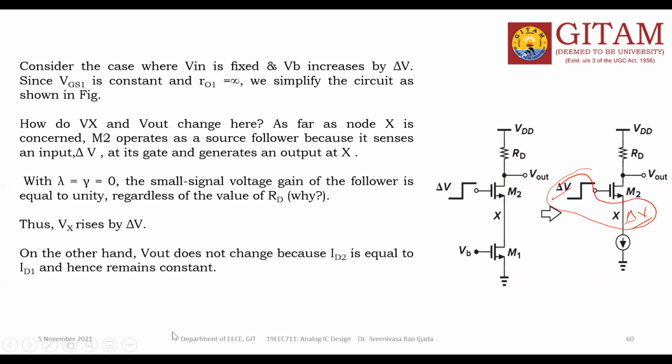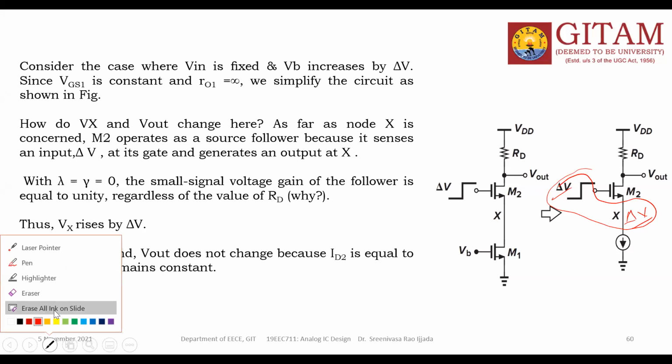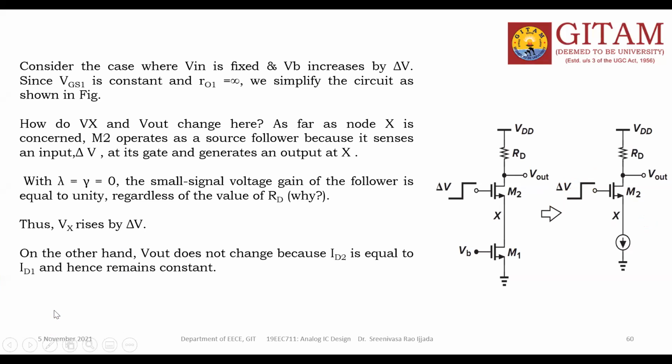Because the M2 gate potential changes by some amount, a corresponding and equal change takes place at the node X. And since ID1 is constant, ID2 is also constant, both are equal and they are constant.